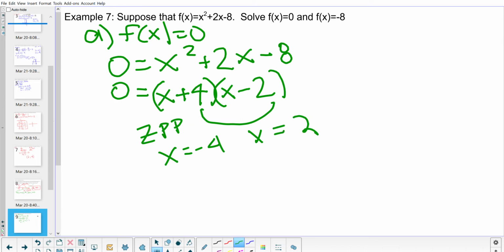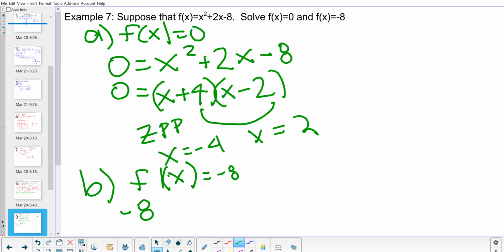Now, part B says, okay, what about if f of x equals -8? So you set it equal to -8. We've also done stuff like this this year. Because what you first have to do, in order to factor, is set it equal to 0.